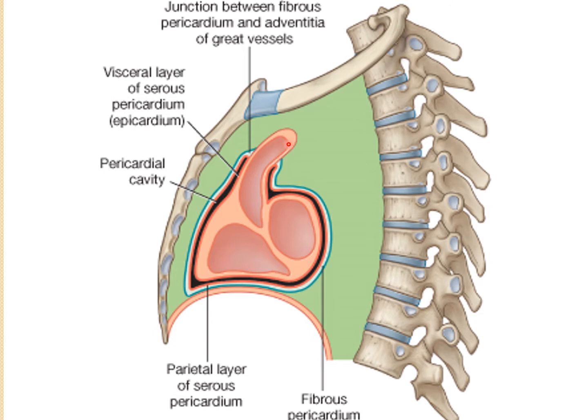In front, it is attached to the upper and lower end of the body of the sternum by the superior and inferior sternopericardial ligaments. So these are the attachments of the fibrous pericardium.